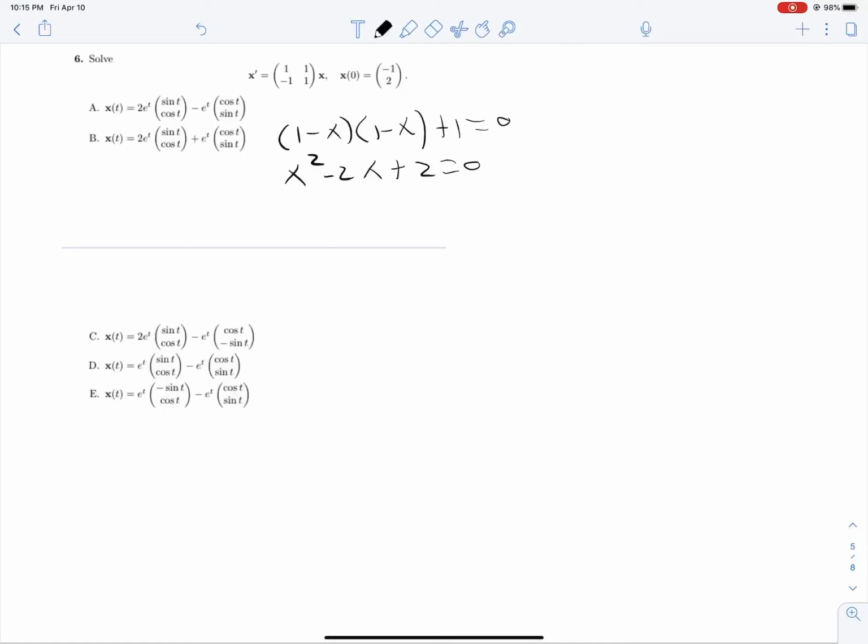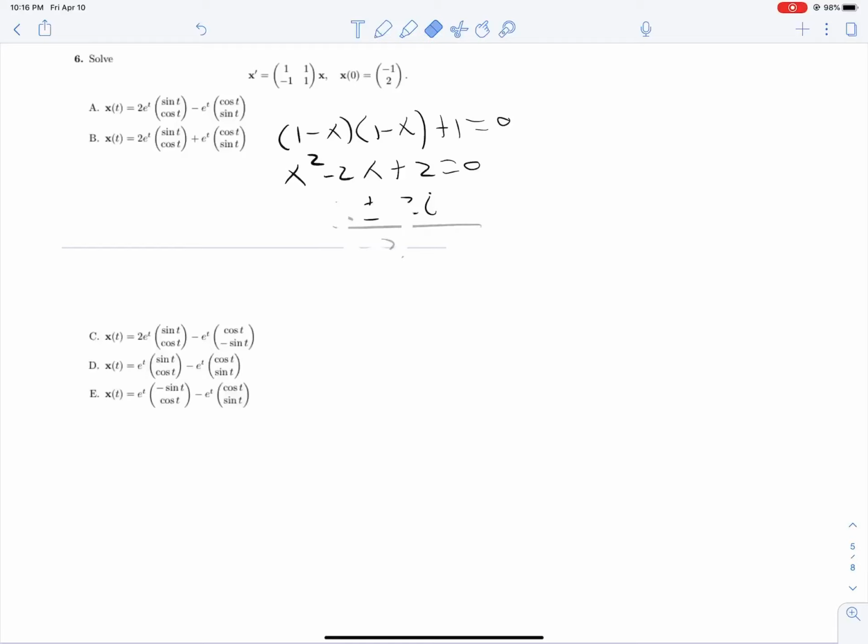and running the quadratic formula through this, negative b, 2 plus or minus the square root of b squared minus 4ac. This will give us negative 4 under here, so 2i all over 2a, over 2.